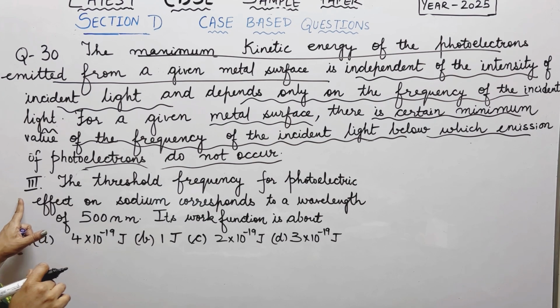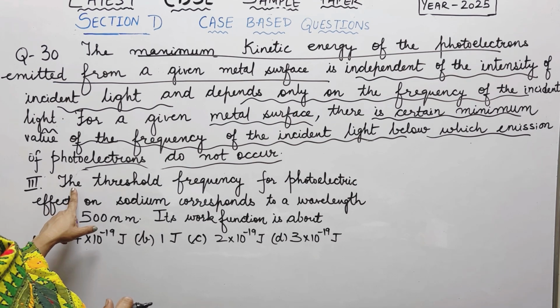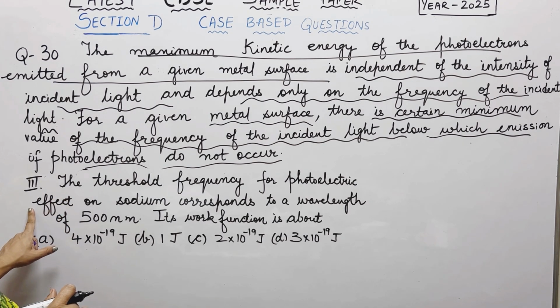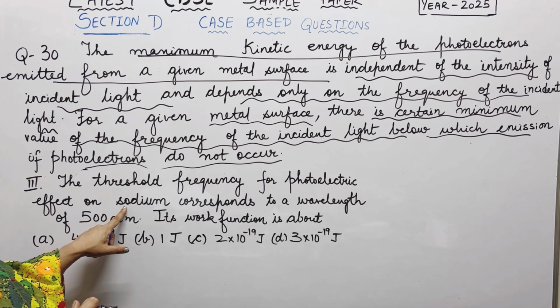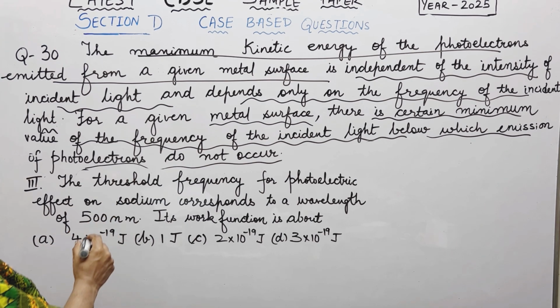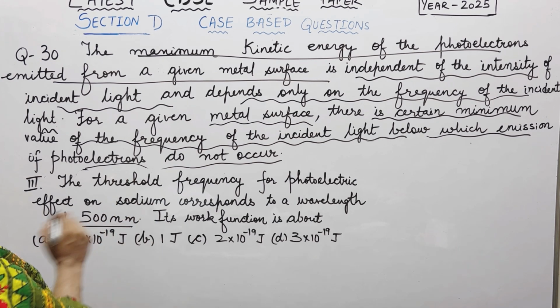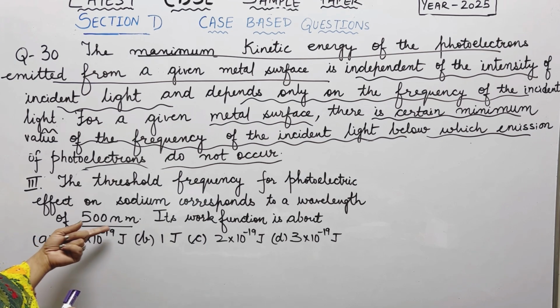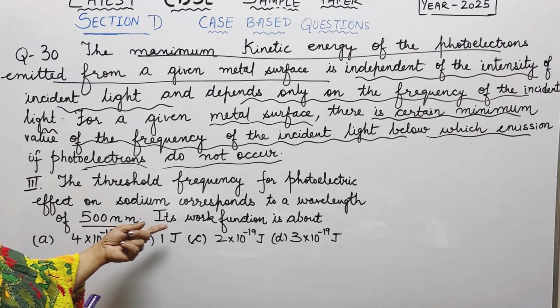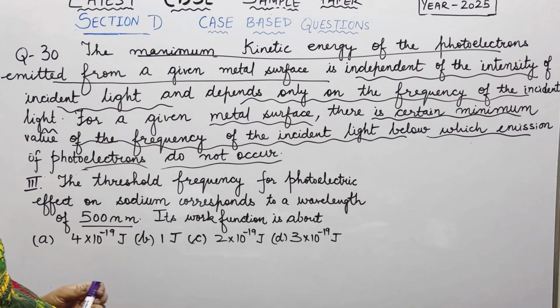Now in the third part, it has been asked, the threshold frequency for a photoelectric effect on sodium corresponds to a wavelength of 500 nanometer. Sodium is an alkali metal and 500 nanometer lies in the visible range, so it is sufficient for it. We have to find out the work function out of these options.